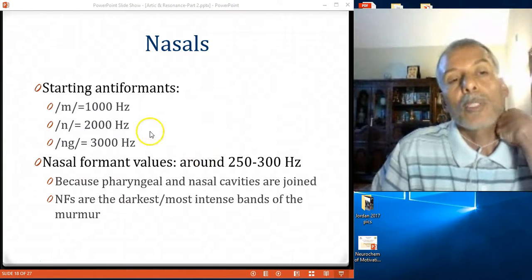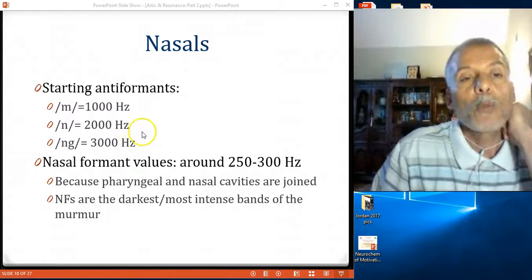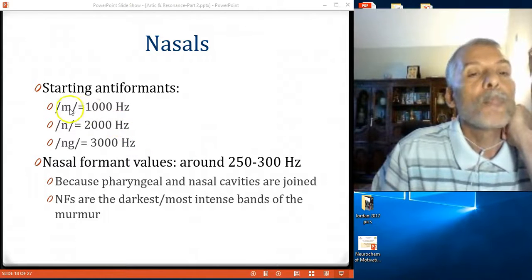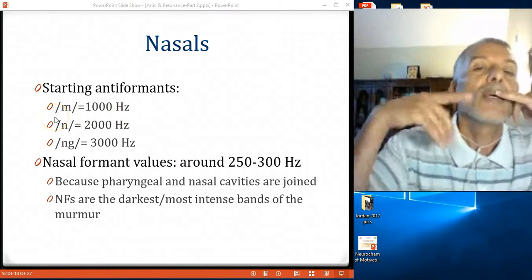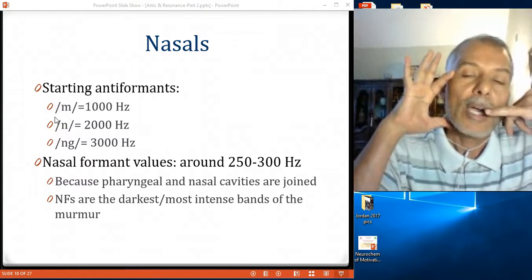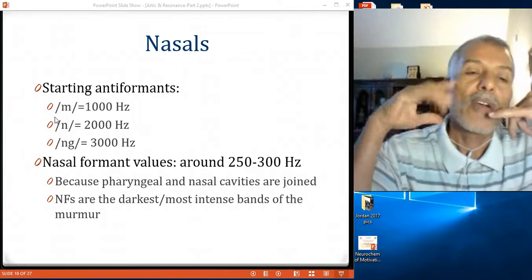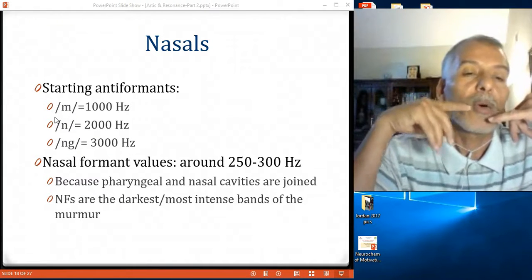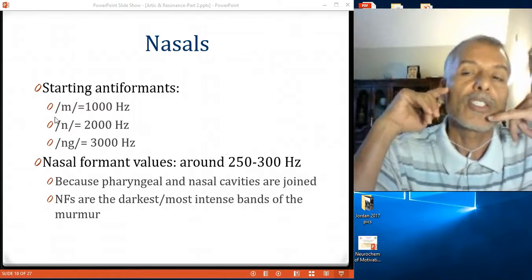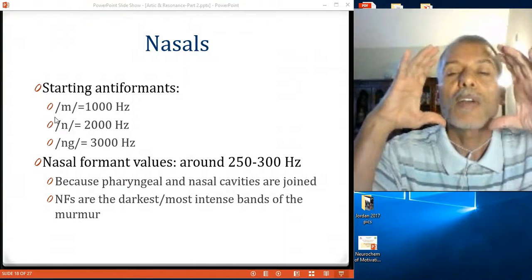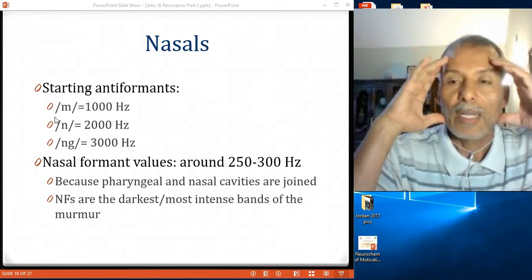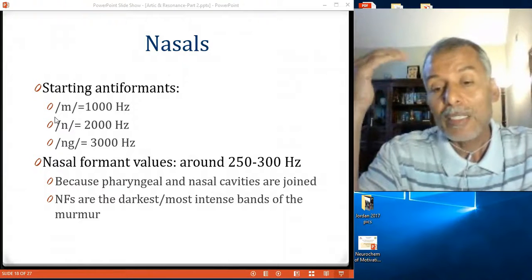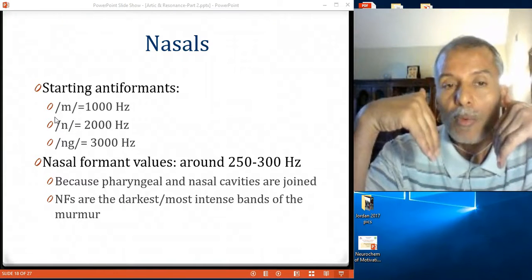So, starting with the m, you will find that the antiformants are low frequency because now the entire vocal tract, the pharynx, the oral cavity, all of it is engaged, and the nasal cavity is engaged. You have a huge vocal tract resonating. So that makes, by necessity, the frequency low.